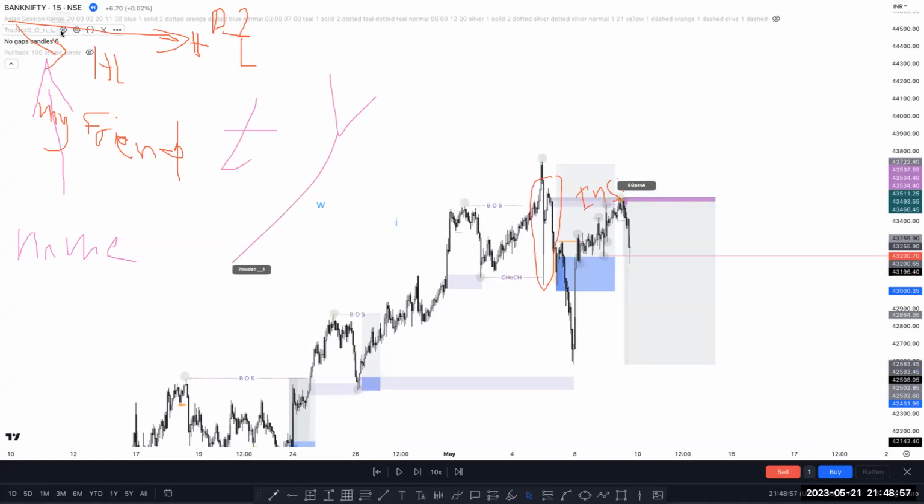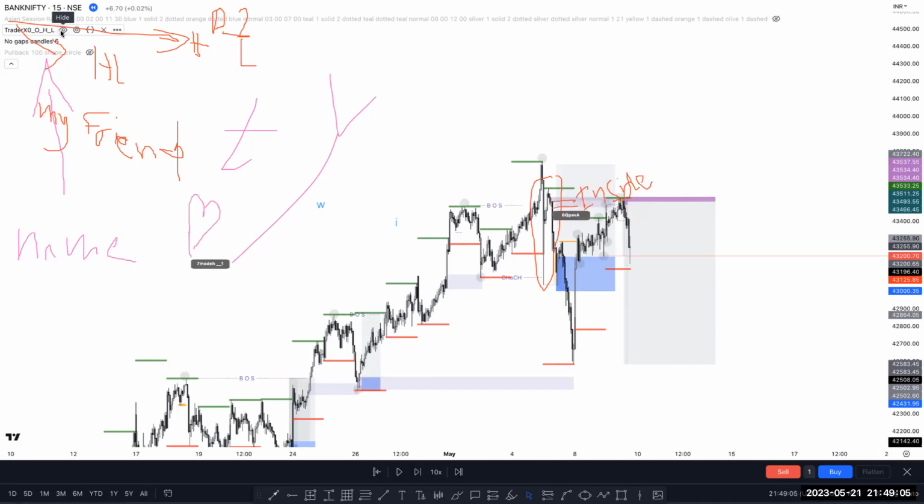Target simply, sir, you can mark the previous high or low as a target also, because in a bank as a day trader, you have to cut sometimes, you have to cut same day position.